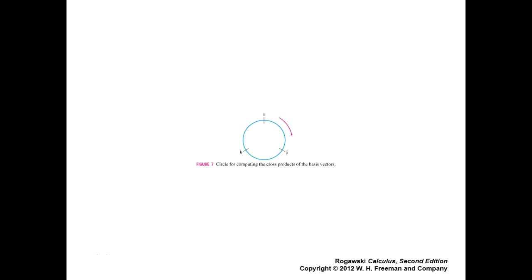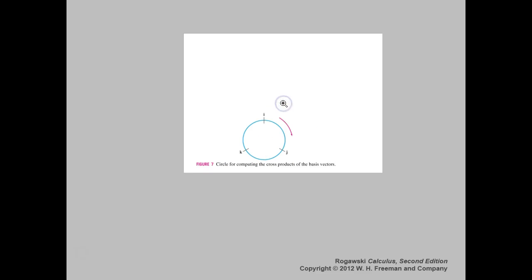Okay, so let's go to example 4, which here is sort of a figure that might help you remember what we were just talking about. I don't know particularly why they chose to go clockwise.